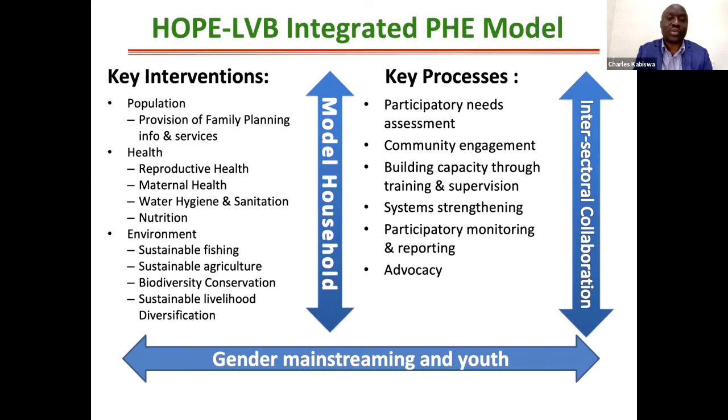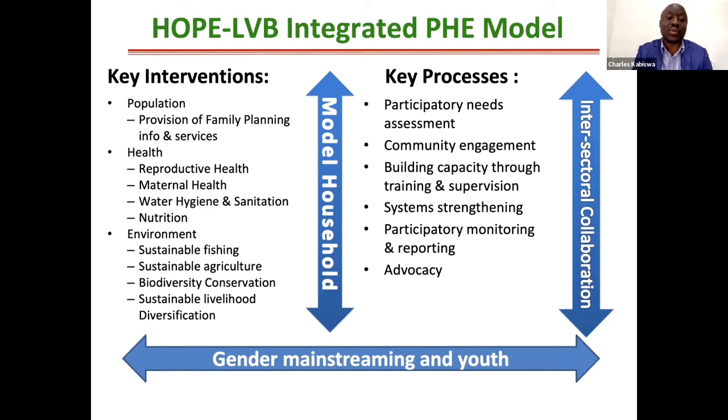For those of you who are not so familiar, I will keep on saying PHE, which stands for Population, Health and Environment. Our model had a number of integrated interventions. Under population, we had family planning information and service provision.